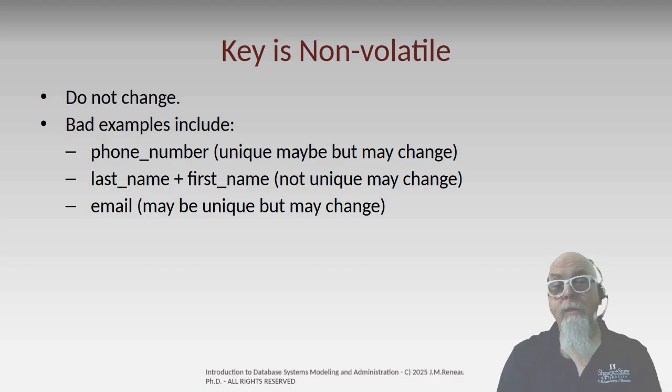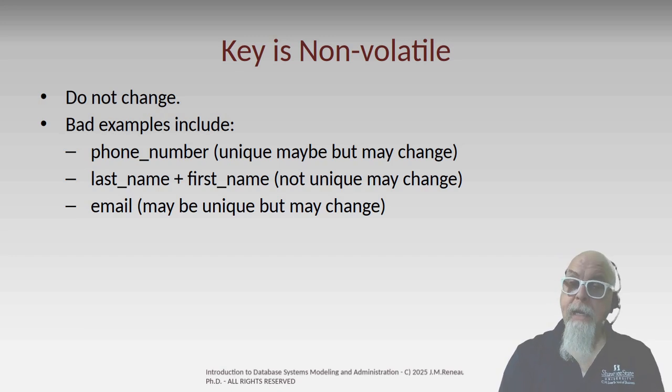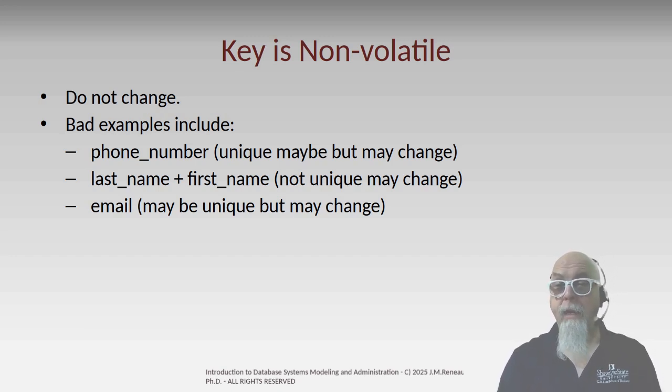Would last name and first name concatenated together be a good key? No, because it's not unique, and people change their names. Maybe they get married, divorced, or just decide to change their name for some reason. Email addresses might meet the unique test because two people usually don't use the same email.